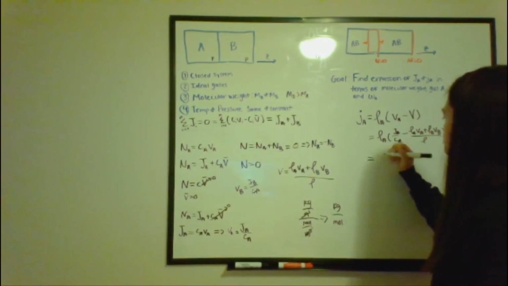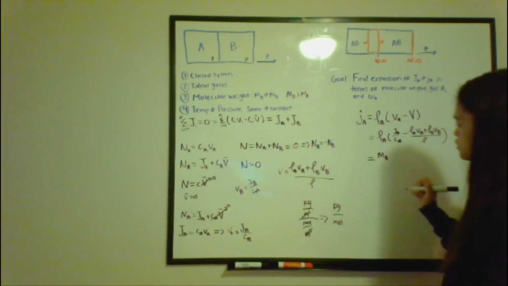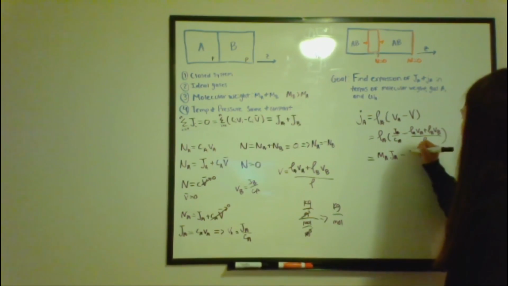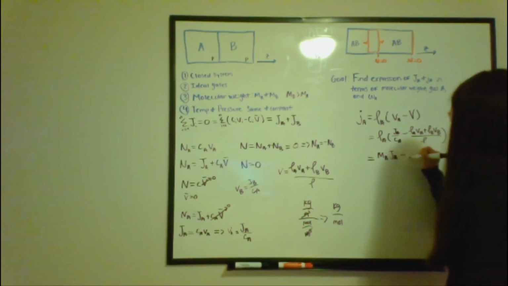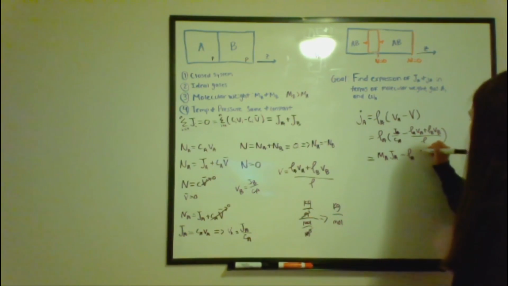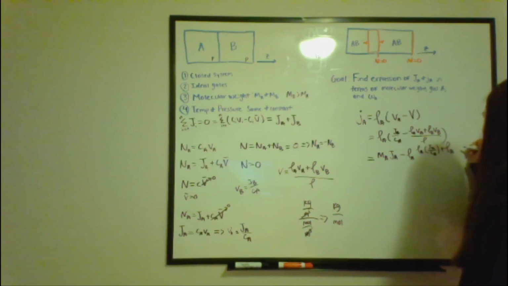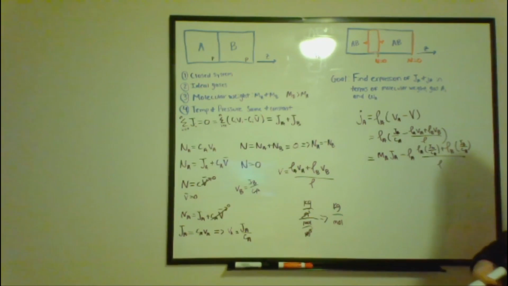And we have those variables. So we can just plug in M_A for the molecular weight of A times the molar diffusive flux of A, subtracted by, and we're going to distribute this out, the mass concentration of A times the molar diffusive flux of A all over the molar concentration of A, and then do the same thing for species B. So then what are we left with again?